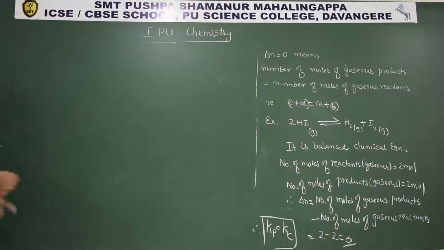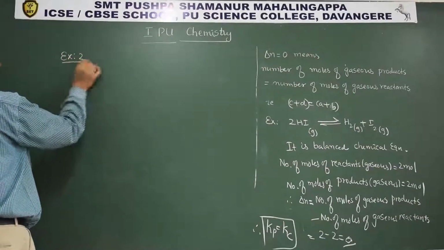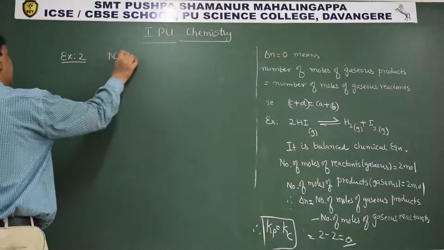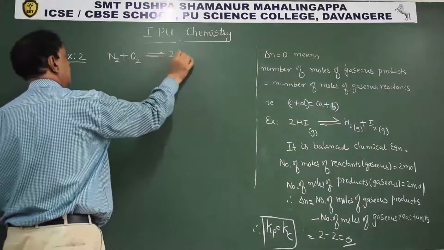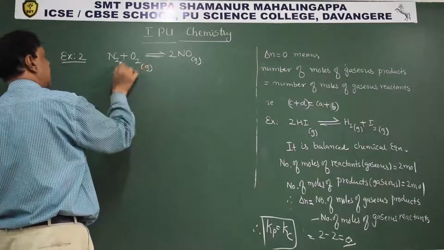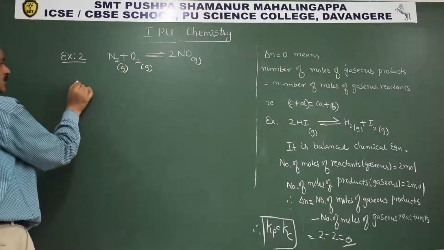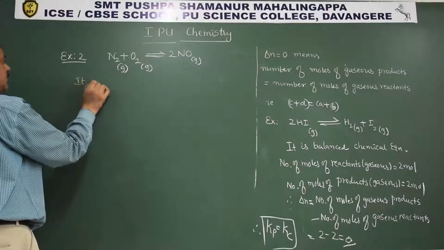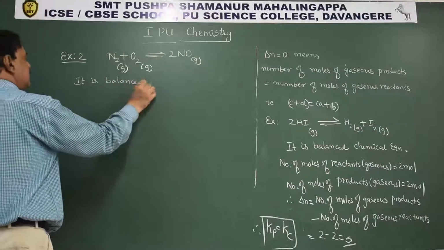Whereas N2 plus O2 gives rise to example number 2: N2 plus O2 in equilibrium with 2NO. All are gaseous in nature. It is a balanced chemical equation. First, that should be balanced.